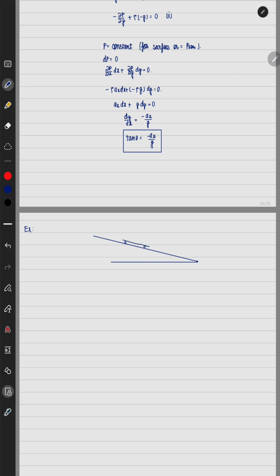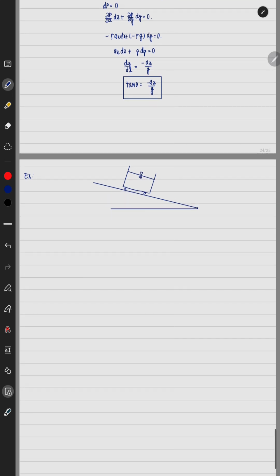Suppose this is the body, and this is the surface, and it is running. Let us say this is direction x and this is direction y. Now I have to solve this. What is the equation of the surface of the liquid that we are taking into account?